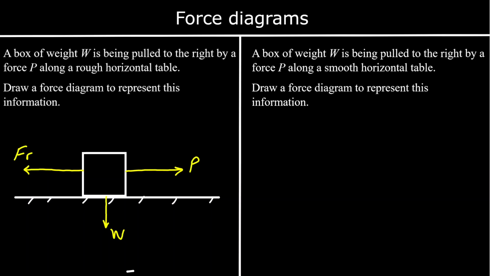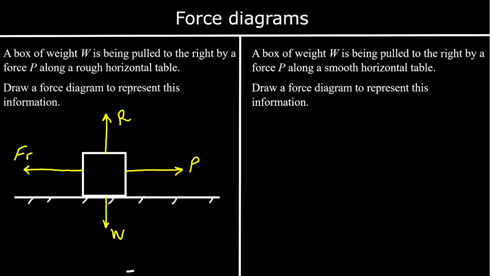And then to stop the box going through the table, there must be a force equal and opposite. That force is called the normal reaction. So it's a force that keeps it in balance. It's the table pushing back on the box, on the object, so it stays balanced. So this is our force diagram for this situation.